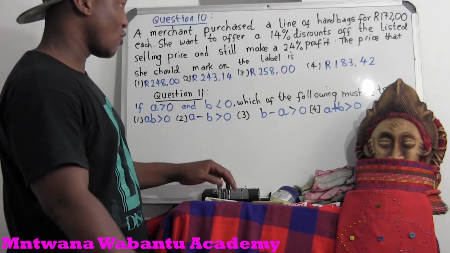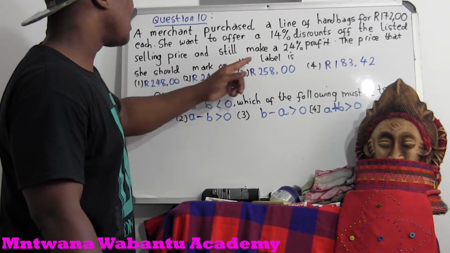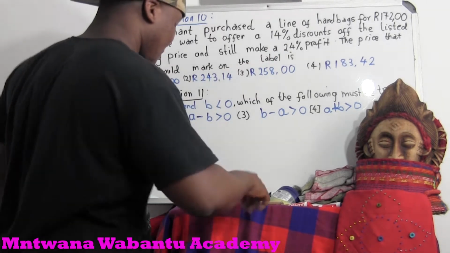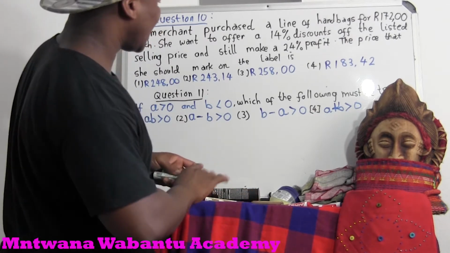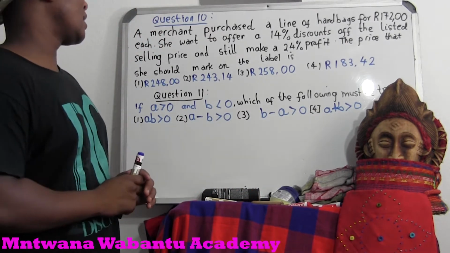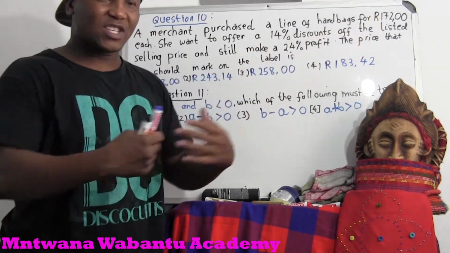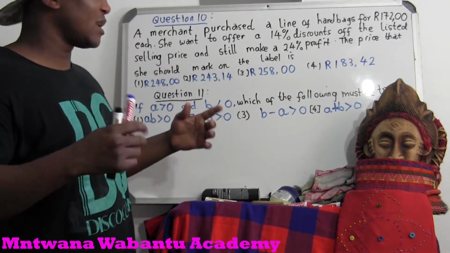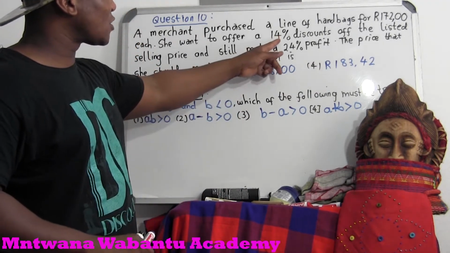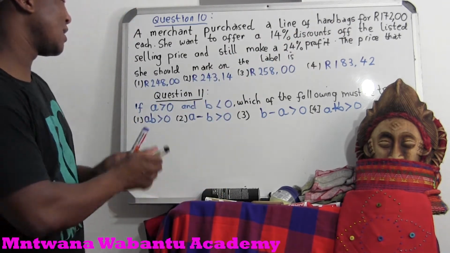Now let me show you how we're going to solve this. They ask for the price she should mark on the label of the bag, the price you want to sell at. I'm going to approach this question this way. This is the buying price. Now she wants to offer a 14% discount off the listed price, the price she's going to sell at.